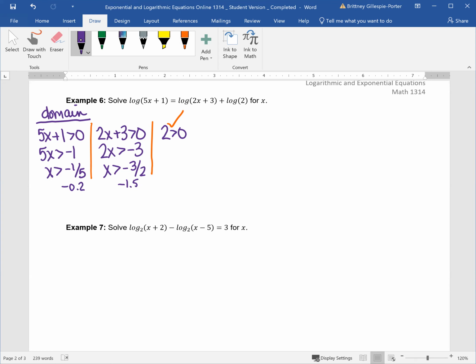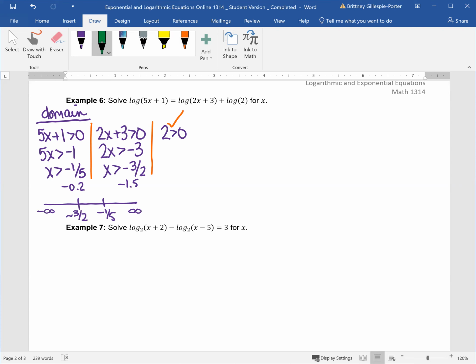So our negative 3 halves is more negative. If we're looking at our number line to figure out what's going on with our restrictions, make sure that you put these in the correct numerical order. Negative 3 halves is more negative, so it needs to go to the left.